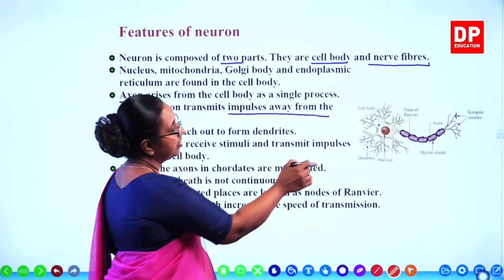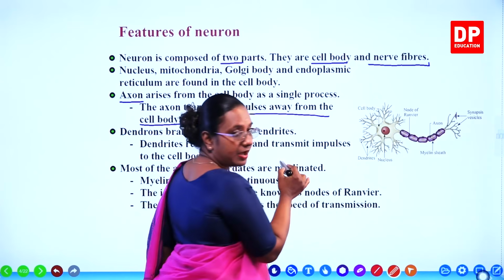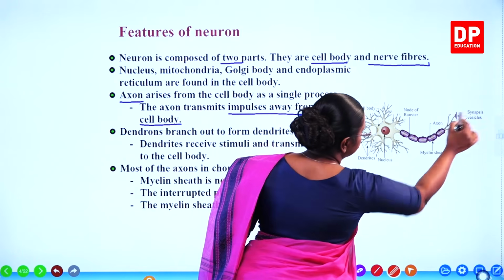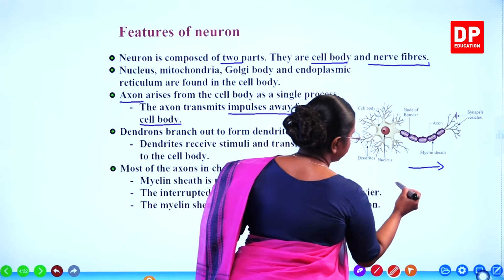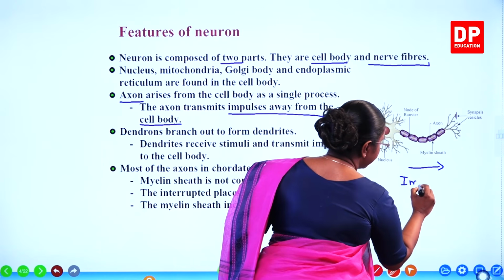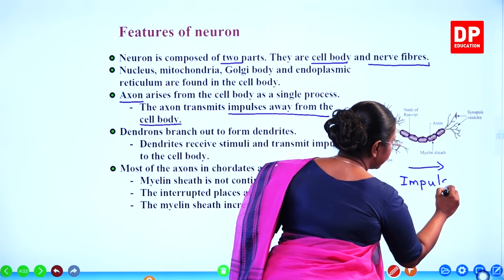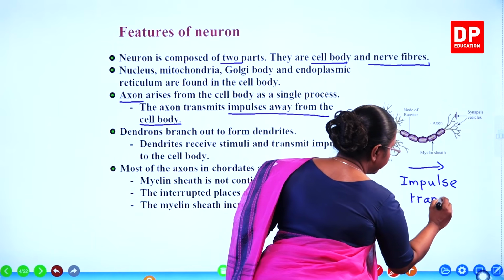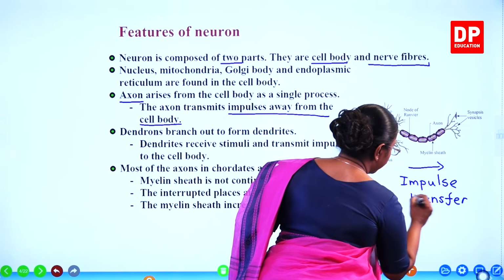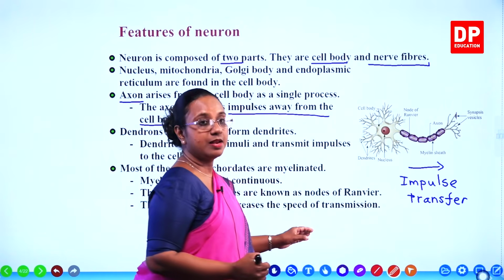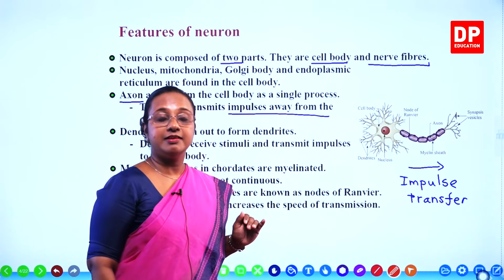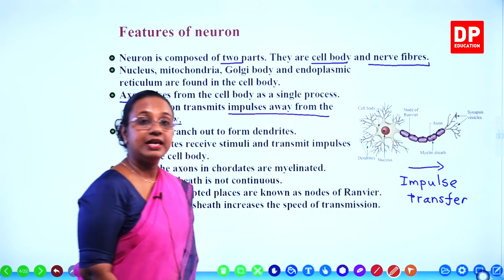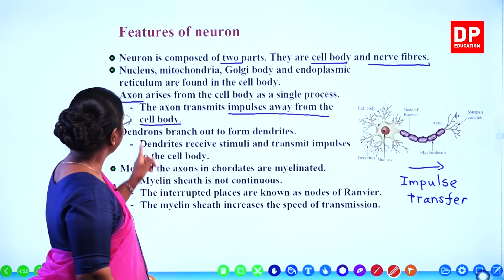So here, if the impulse is in this part, it will be transmitted in this direction. So here I can say the impulse transfer will happen from the cell body towards that direction because the axon is in that direction.